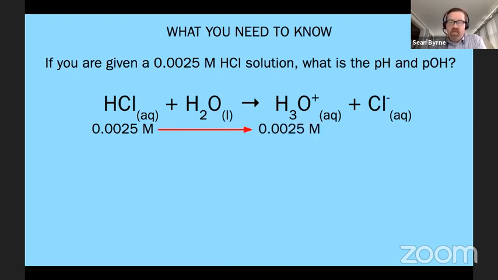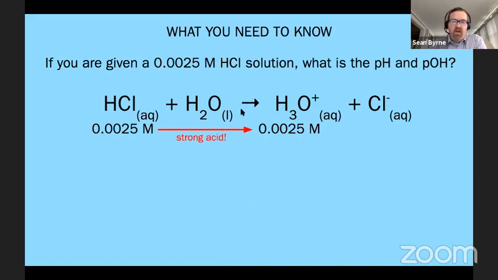Now, I'm going to give you a second to think about why we are okay making that assumption. And I hope that many of you remembered that hydrochloric acid is a strong acid. It's one of our 7 that we need to continue to come back to. So if hydrochloric acid is a strong acid, which it is, we know that it completely dissociates when it's put into water.